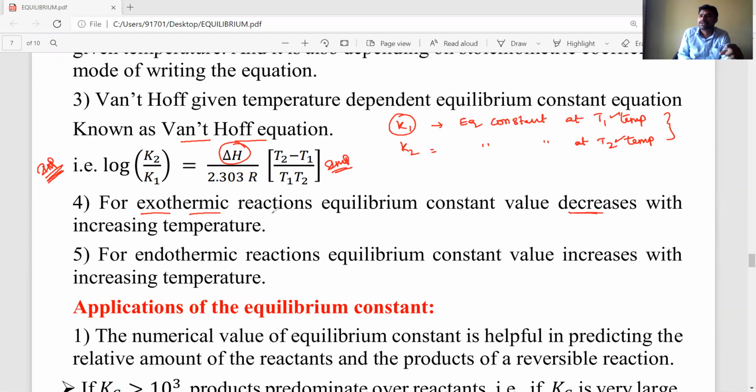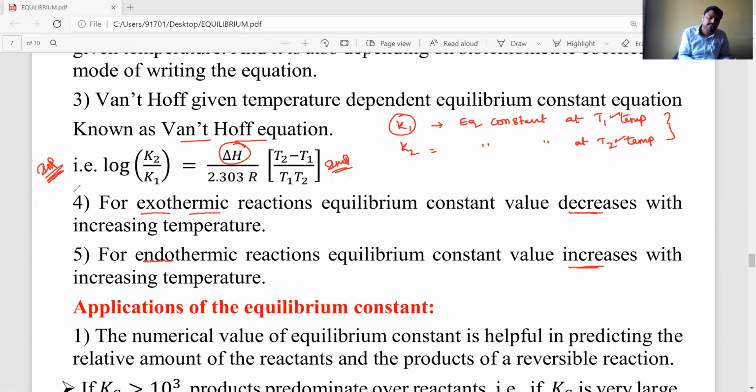Next, for endothermic reactions, the equilibrium constant increases with increasing temperature, because endothermic reactions are favorable at higher temperatures.